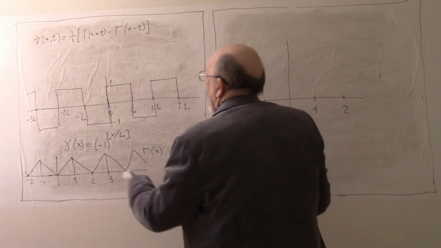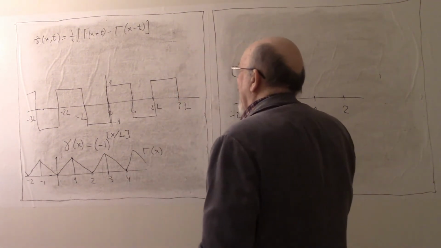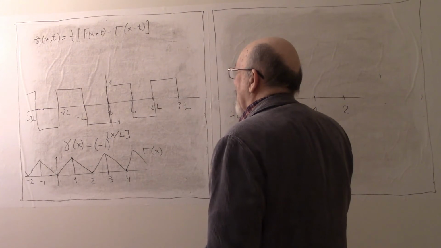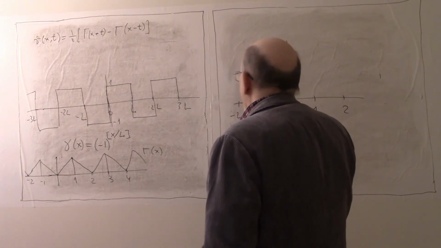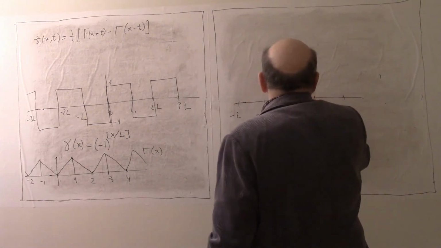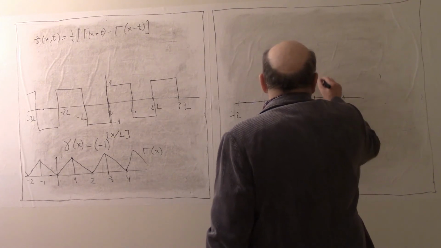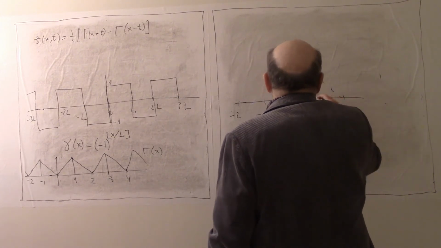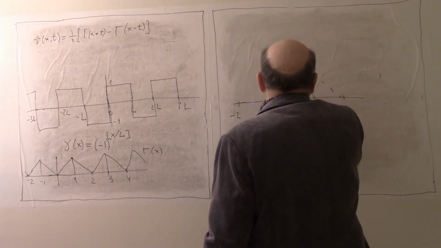So what is gamma of x plus 1/2? I have to take this function and move it to the left by 1/2.